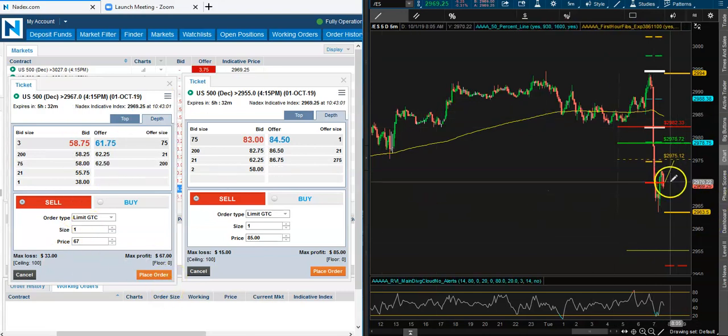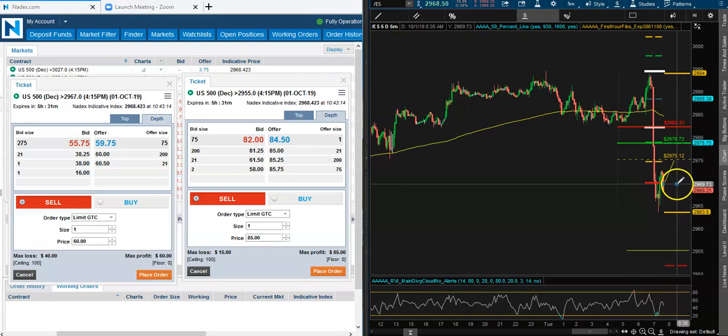Okay, so our first contract we would short at $60. Yes. I'll draw a line right here. It's 71, we'll say. That's our first short of a contract.